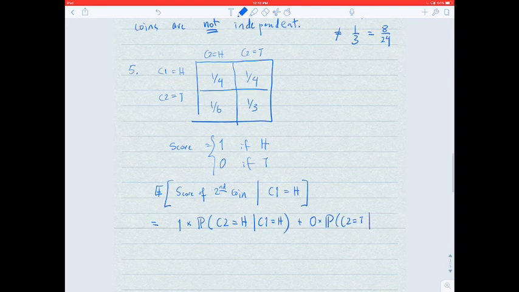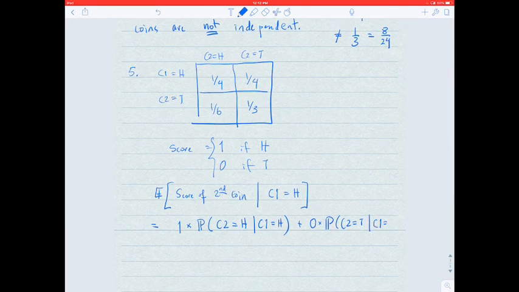Note, we're always conditioning on the same event because this is the question. We're now living in the universe where coin 1 came up heads and we're about to flip coin 2 and we're asking, what is the expected score? In other words, what's really being asked is, what is the probability that I'm going to get heads with the second coin conditioned on the fact that I got a heads on the first coin?